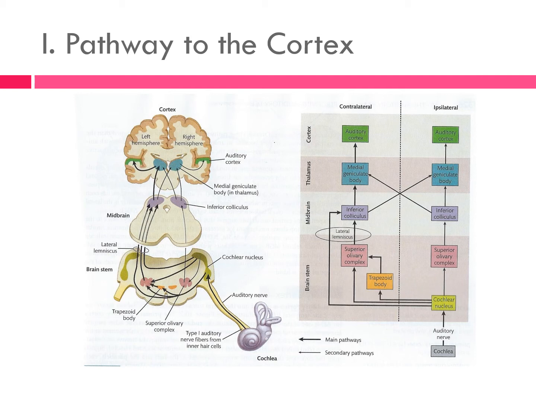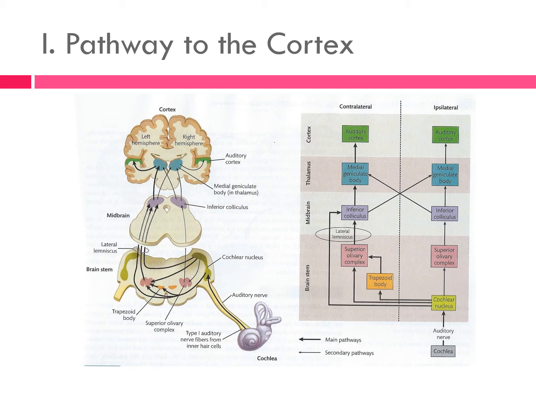You can see the darker, more filled in lines going contralaterally, but also coming from the cochlear nucleus a light line, showing a secondary pathway to the ipsilateral superior olive on the same side.